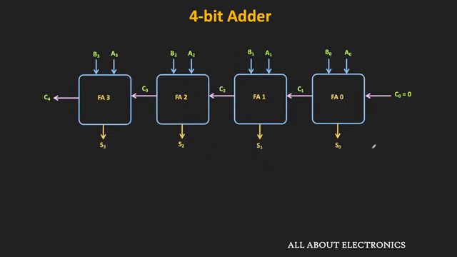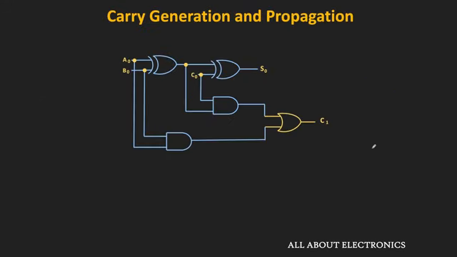In this 4-bit adder, if we just consider the first adder, then the inputs are A0 and B0, while the input carry is equal to C0. Here, the output of this lower AND gate is equal to G0, while the output of this XOR gate is equal to P0. And the output of this upper AND gate is equal to P0 dot C0.